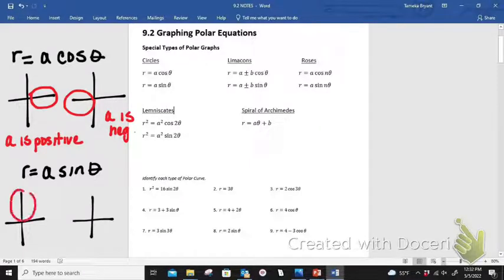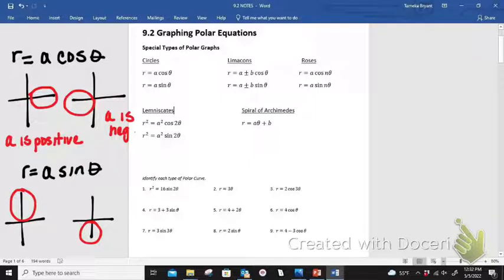Again, this would be A is positive, this would be A is negative. I'm just kind of sketching it. Those are your 4 different types of circles on a polar graph. So on this first page, you're just going to identify it. A circle is just a number times cosine or sine of theta.